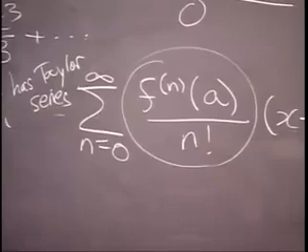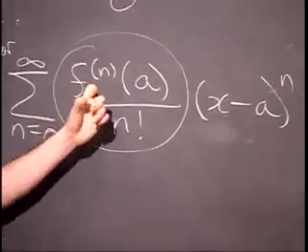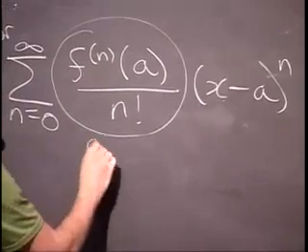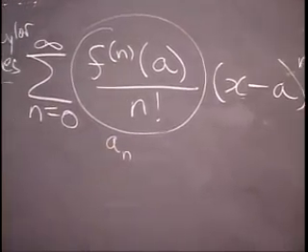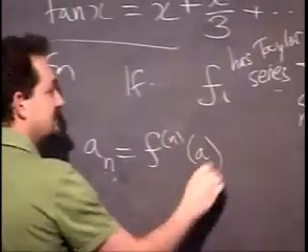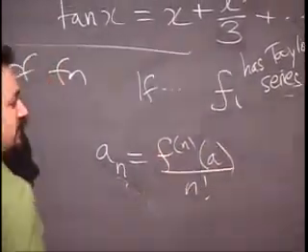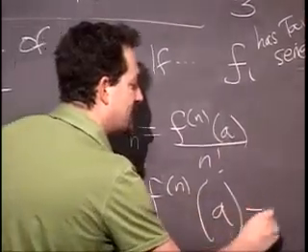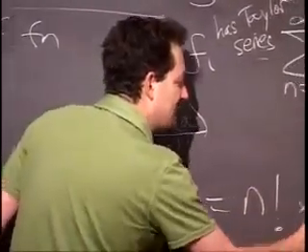So actually, if you know the coefficient, you can find the derivative. So the coefficient an is the nth derivative at a over n factorial. So that means that the nth derivative at a of a function is n factorial times an.